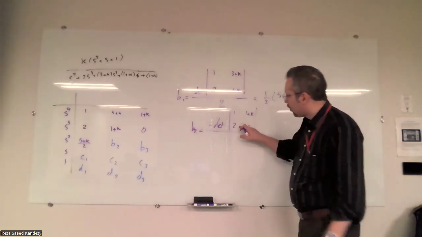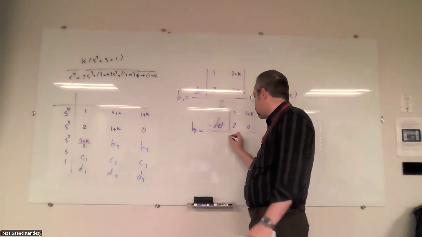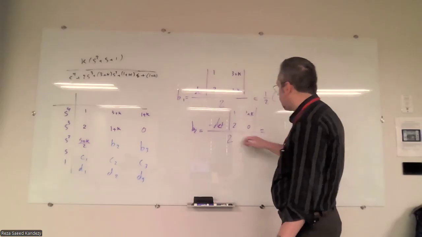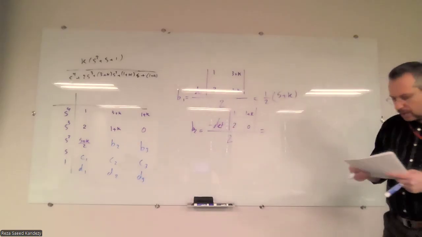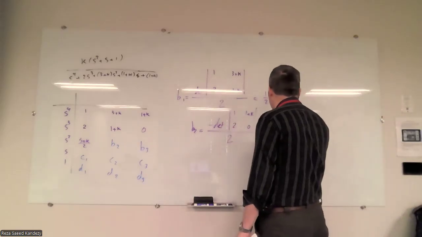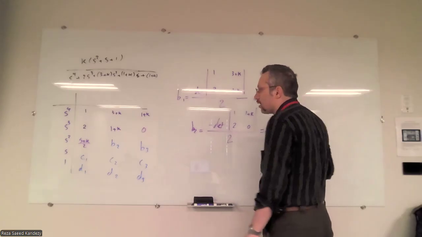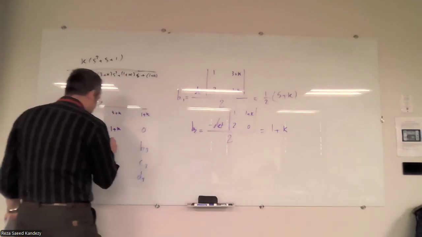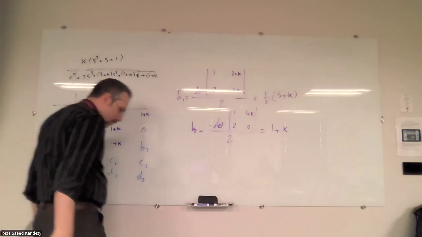Divided again by the bottom left component, which is again 2. Now, we can run the determinant and find that it is going to be 1 plus K. So let's replace that with 1 plus K.